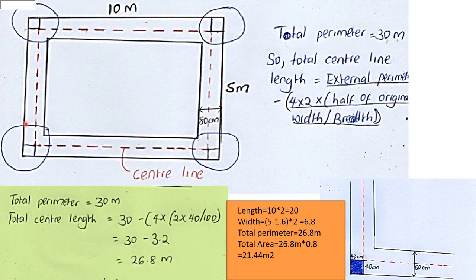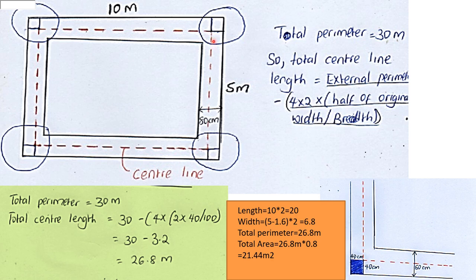We take the external width, we subtract half the thickness this side and half the thickness this side. So the simplest method found for calculating center line, we shall take the external perimeter, then we subtract four corners.